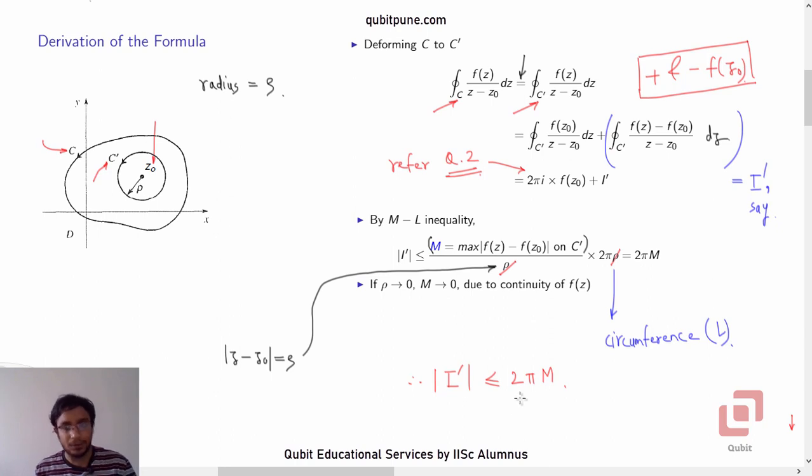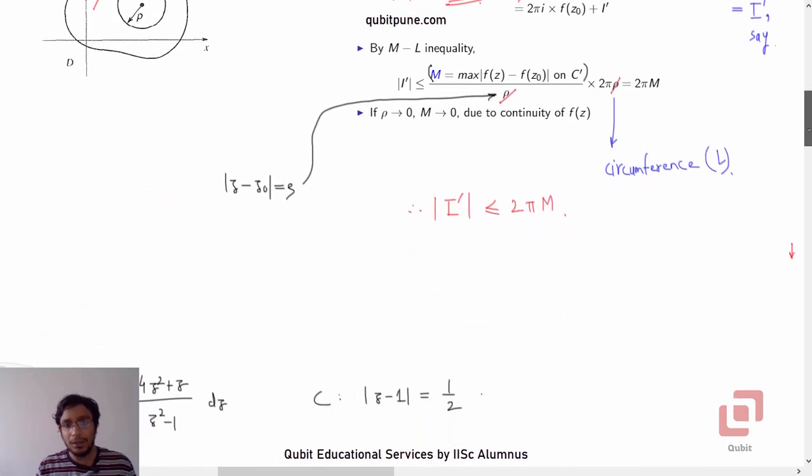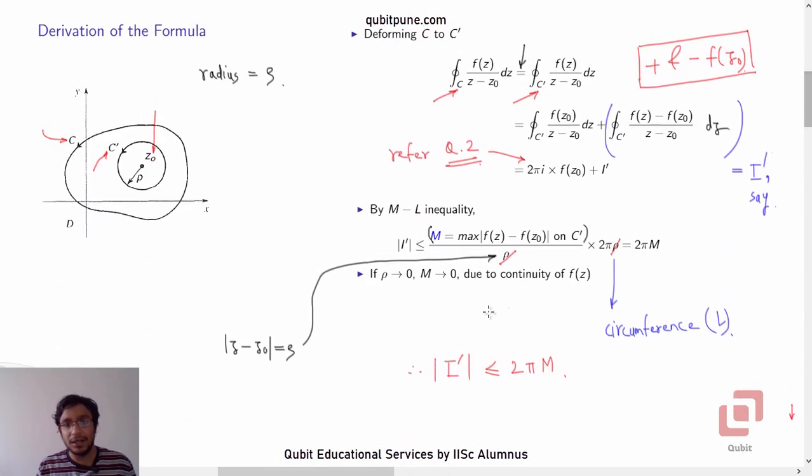Okay, now we know that 2 pi cannot be 0. However, because the function f of z is continuous, we have already assumed that it is analytic, so it has to be continuous. Now due to continuity, if you start reducing the radius of the circle, eventually the maximum absolute value of the difference f of z minus f of z naught will start approaching 0, and therefore the second integral will also approach 0.